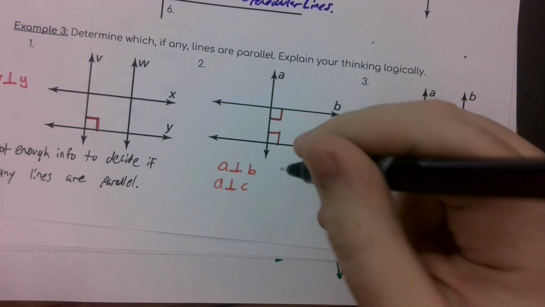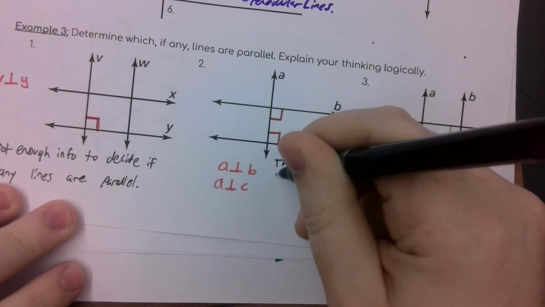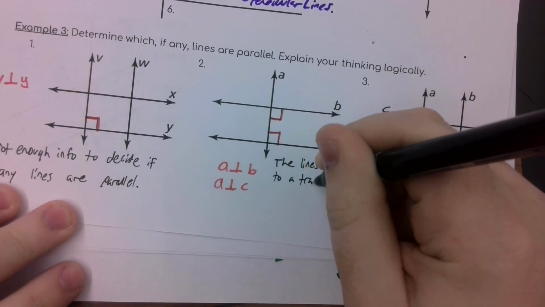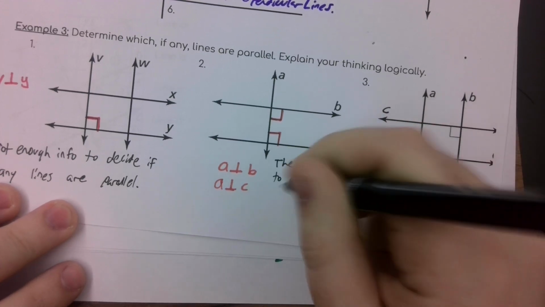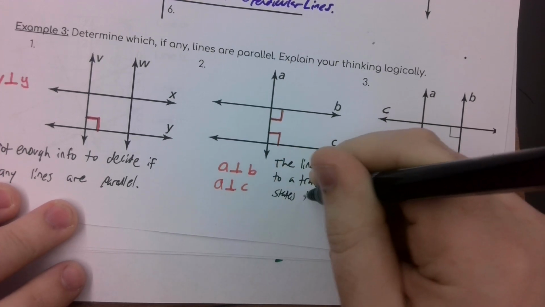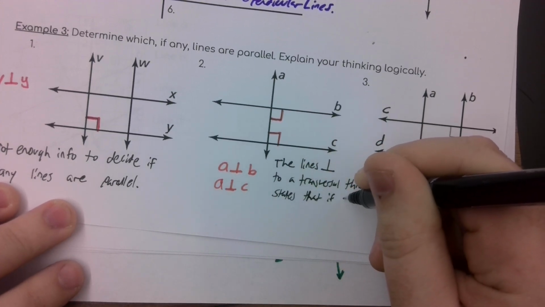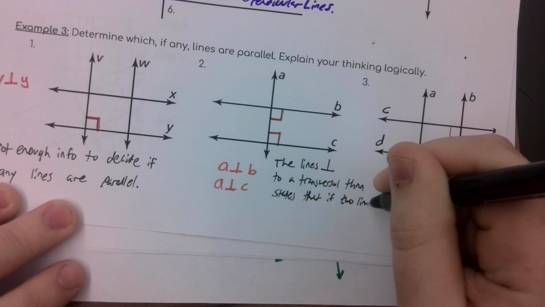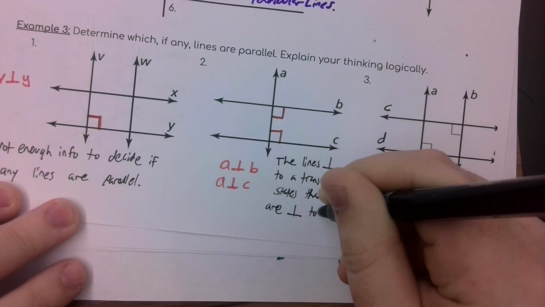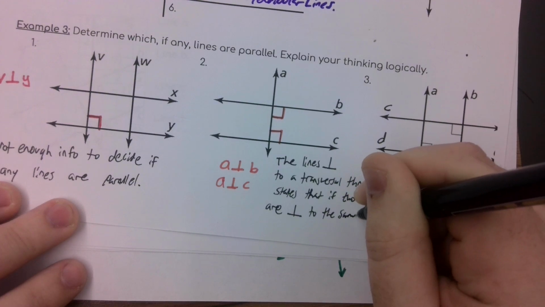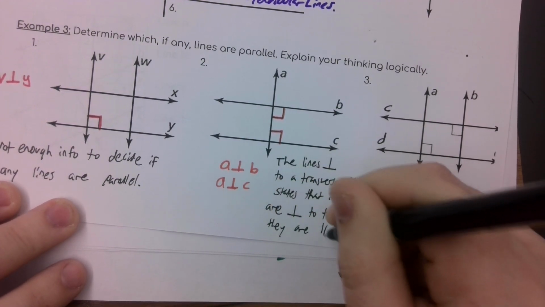According to the lines perpendicular to a transversal theorem, if two lines are perpendicular to the same line, they are parallel.